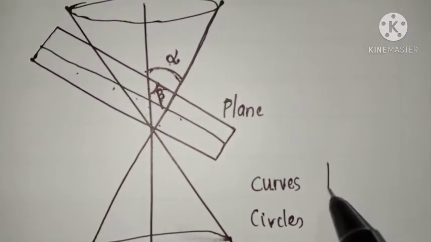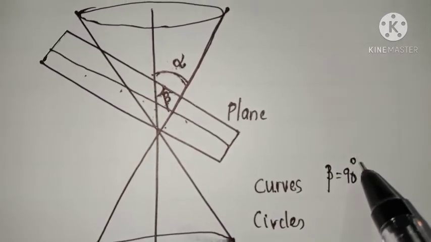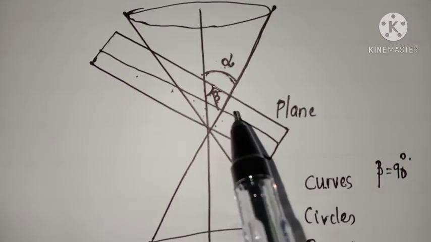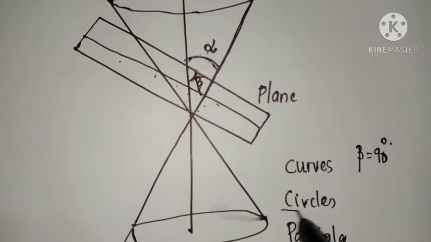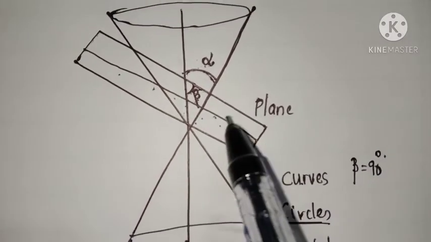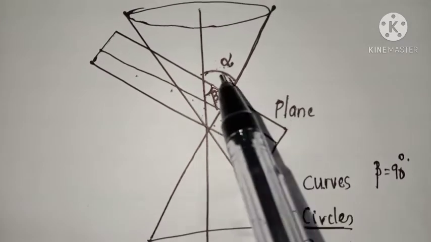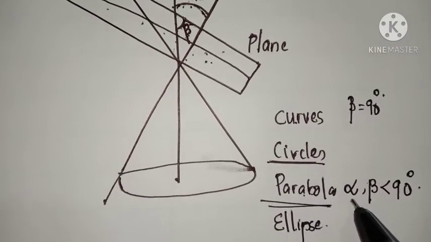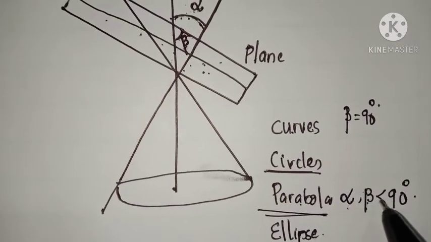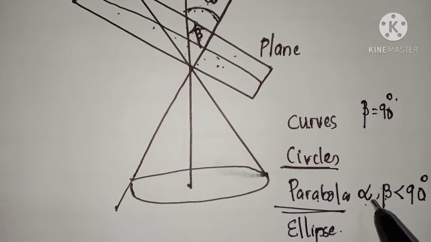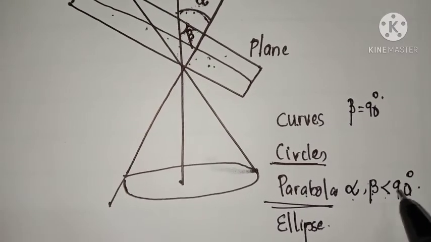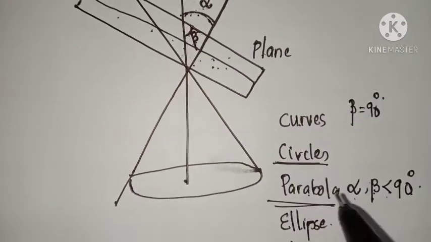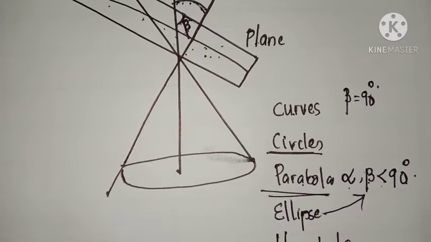If the angle beta is equal to 90 degrees, then the curve formed by the intersection of the plane and the cone is a circle. Now listen, if the angles alpha and beta are less than 90 degrees, meaning acute angles, then the curve formed by the intersection of the plane and the cone is an ellipse.